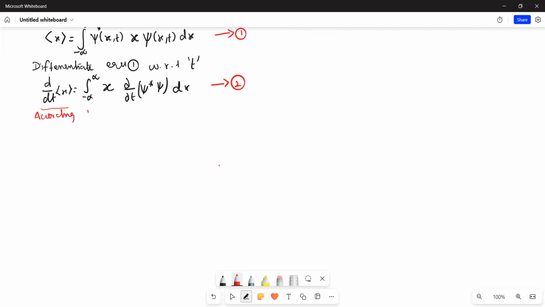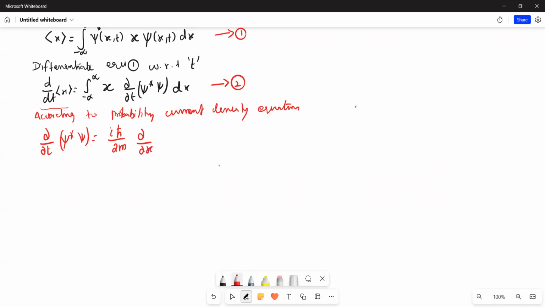According to it, dou by dou t of psi star psi is nothing but i h cross by 2m dou by dou x of psi star dou psi by dou x minus psi dou psi star by dou x. Consider this equation number 3.